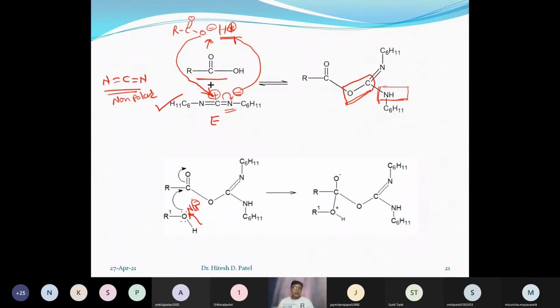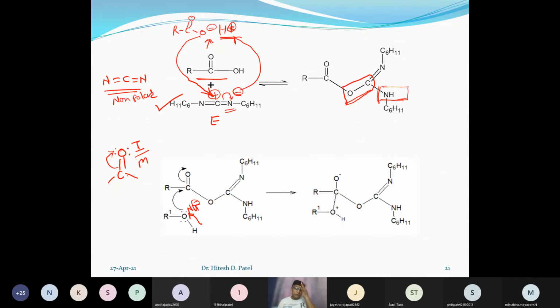Now this is a nucleophile, so it will attack on the carbonyl group. Now why will it attack on the carbonyl group? Because whenever we have a carbonyl group, C double bond O, due to the electronegativity difference and lone pairs of electrons available on oxygen, and third, due to the presence of the double bond between carbon and oxygen, here we can observe inductive effect as well as mesomeric effect.